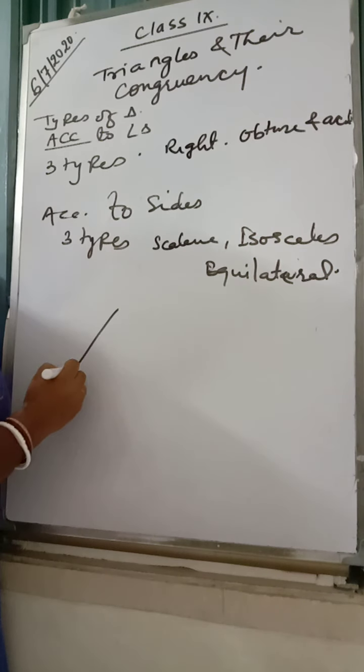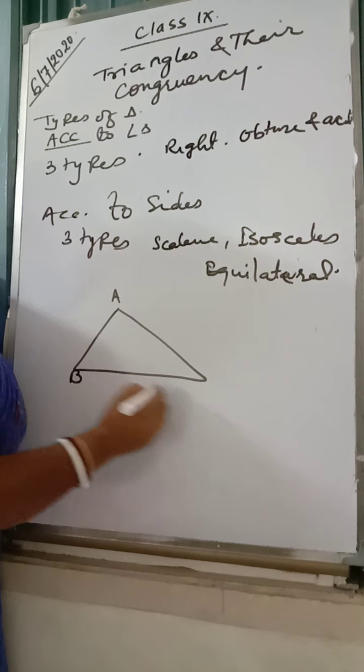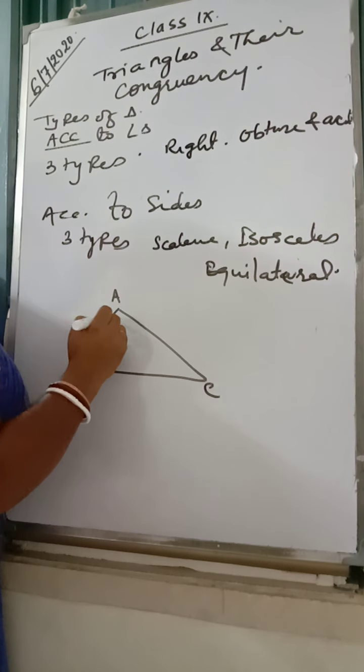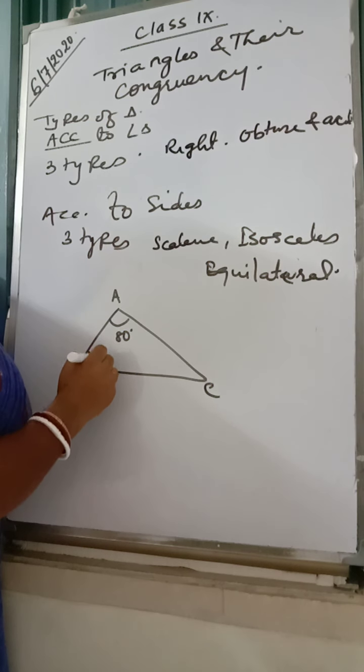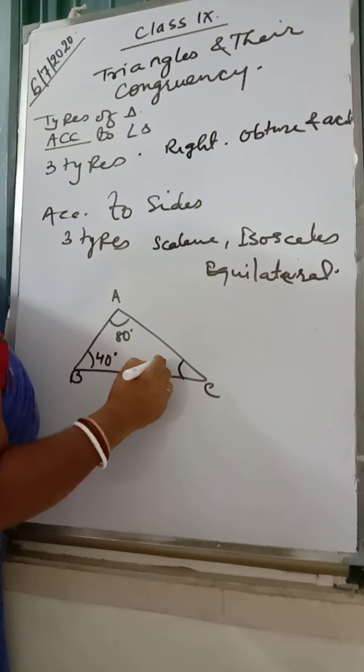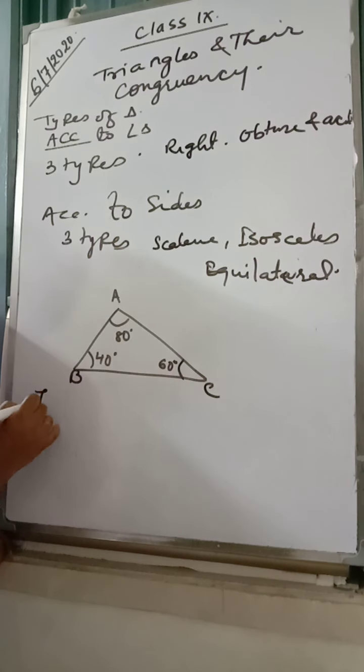Just as an example, if I have a triangle ABC. Now angle A is 80 degree, this is 40 degree, this is 60 degree. From the figure, what can we see?